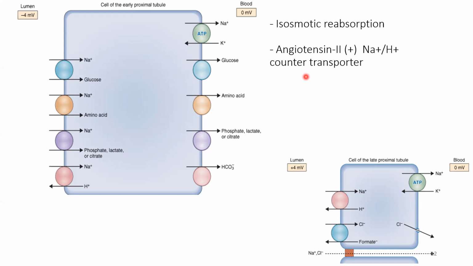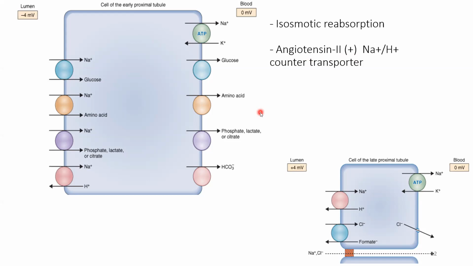Another important point to remember is angiotensin II. We have not done this particular function of angiotensin II, but right here at this point, we need to mention that this counter transporter, which is very crucial for the acid base topic, gets stimulated by angiotensin II.